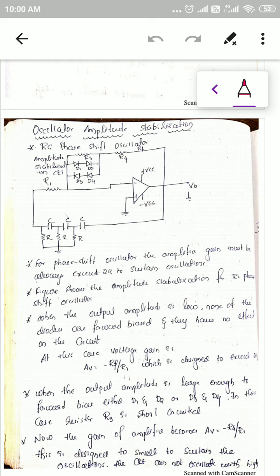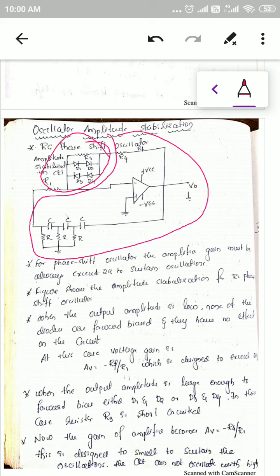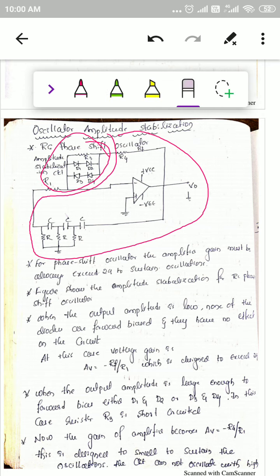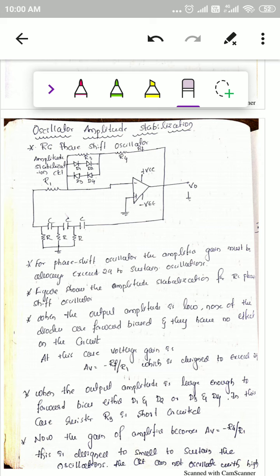Here I am using it for the RC phase shift oscillator. This is your RC phase shift oscillatory circuit, and this is your stabilization network, which is used for stabilizing the output signal of the RC phase shift oscillator.